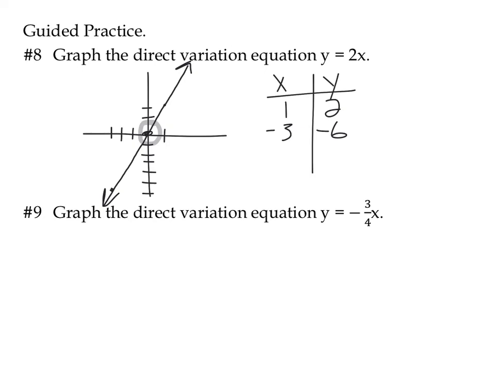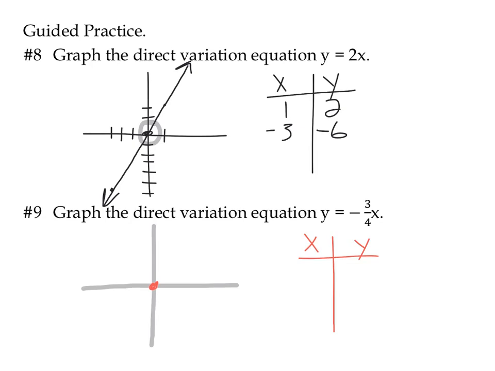If you want to graph the next direct variation, and we can pick some values to plug in, we know that it's going to go through the origin. So right there, we know we're going to have the point 0, 0. In this case, what numbers you pick for x and y can make the work a little easier. If you pick 1, you're going to have negative 3/4 times 1.